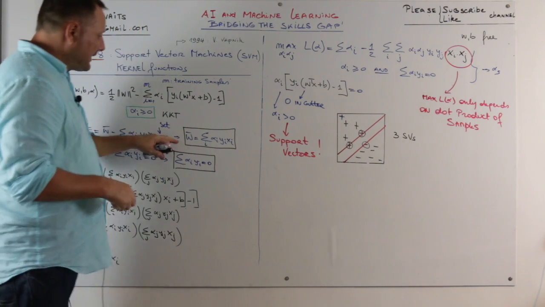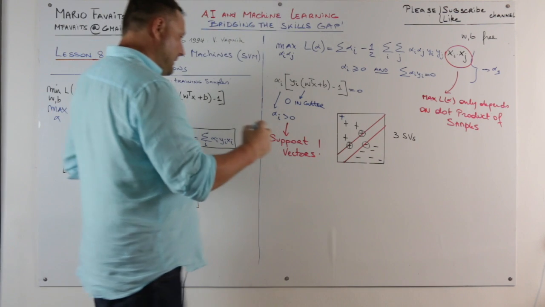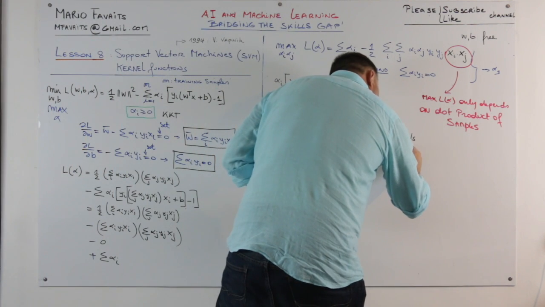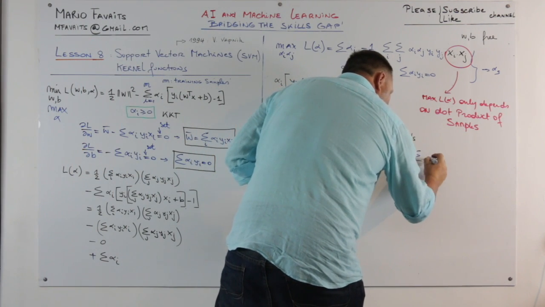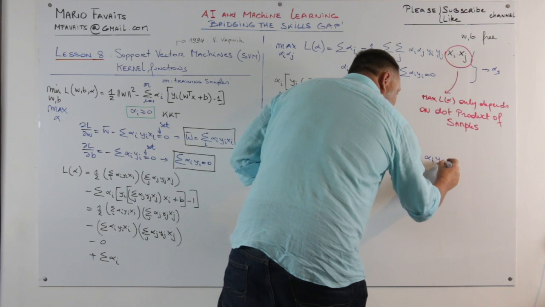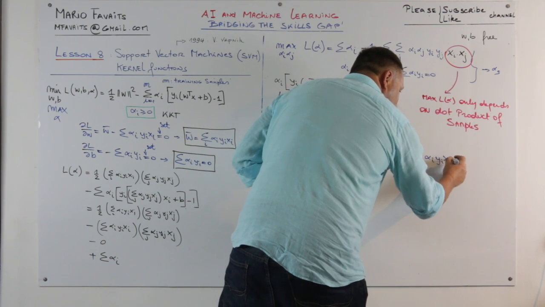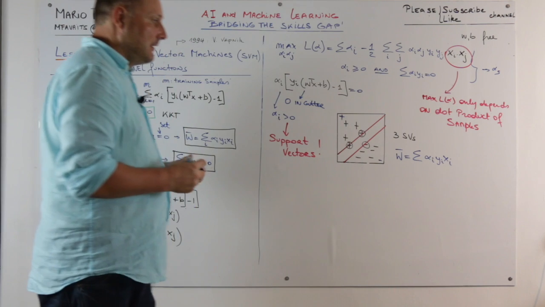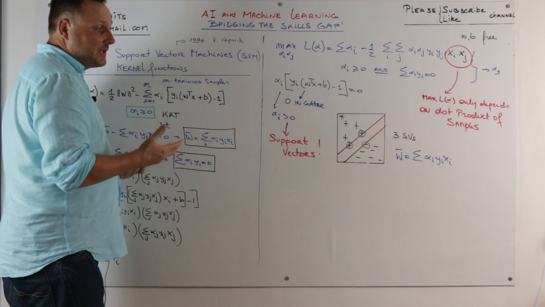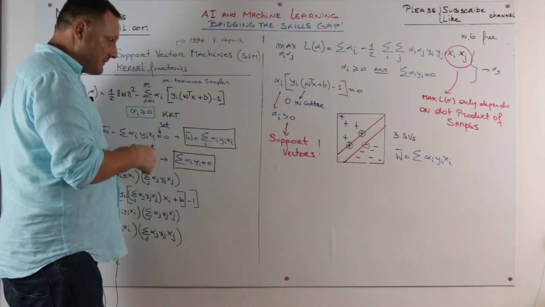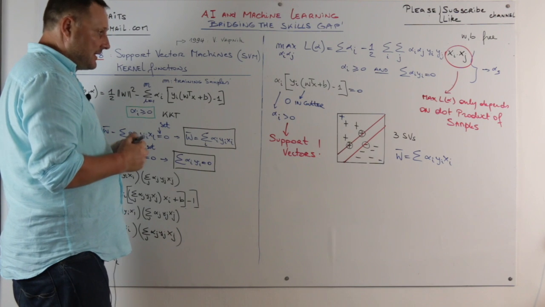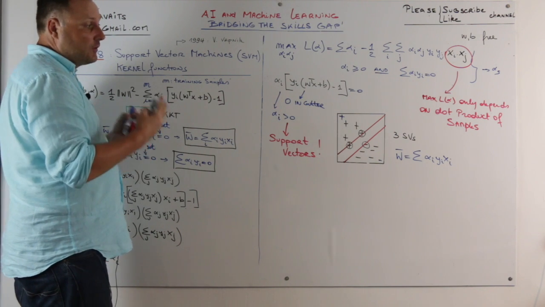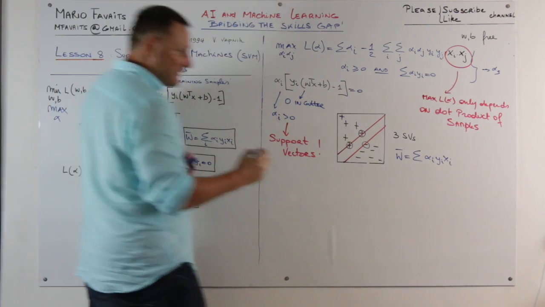Now, if we look at the w here, we have w equals the sum over alpha i, yi, xi. But we can make this calculation very easy because alpha i is 0 for all the points except the support vectors.